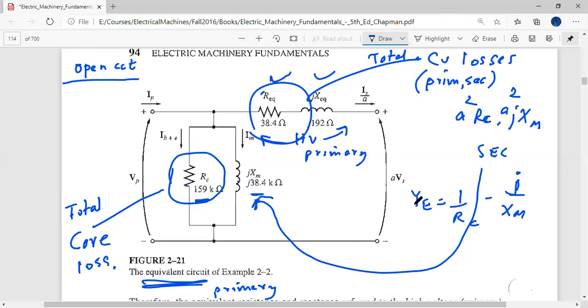And what is the admittance? Admittance is the inverse of the impedance. So whatever we have for impedance, we have to do the opposite for admittance. So for example, for finding the impedance, we must do V over I. And for the admittance, we do the opposite, I over V.